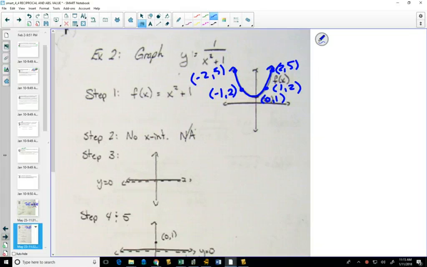We can label by symmetry the ones on the other side as well. So first thing, draw the original graph.